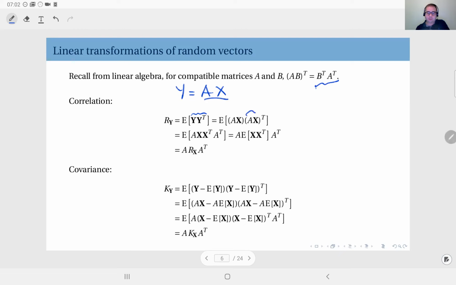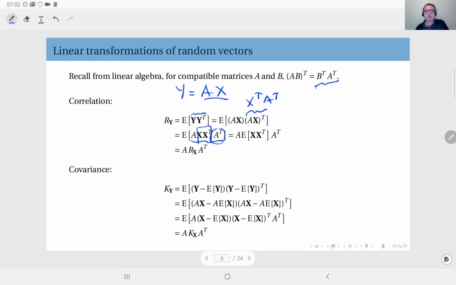And A times x transpose, I can write as x transpose A transpose, like this. And now here, I have one matrix A left multiplying x, and then I also have this matrix A transpose right multiplying x transpose. So what's in between?